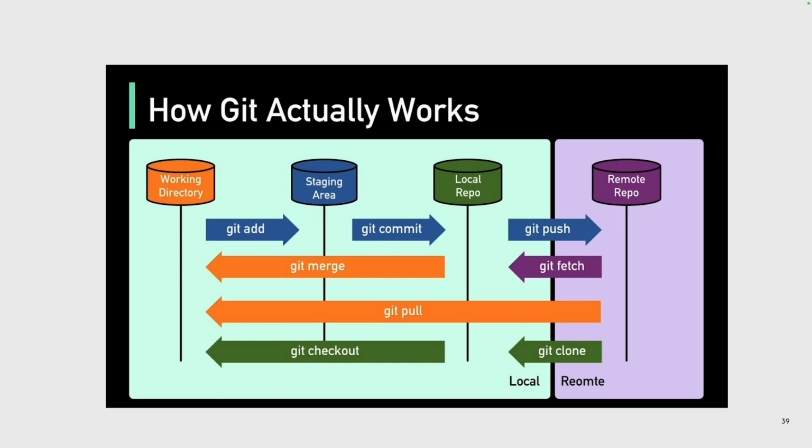Sir, for checkout, is it that we go back to the previous branches? That is why we use checkout? No, checkout is, from your working directory you move the code to the staging area.